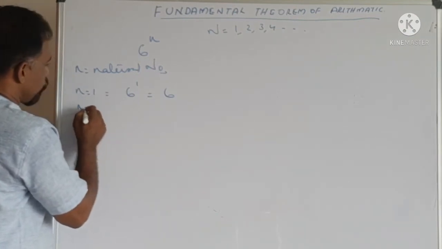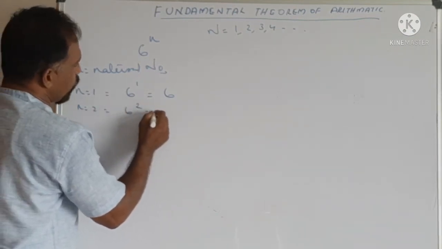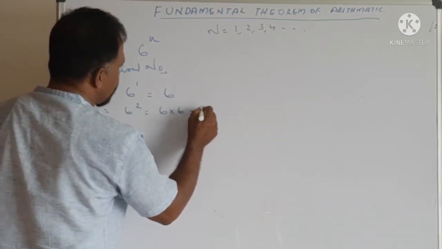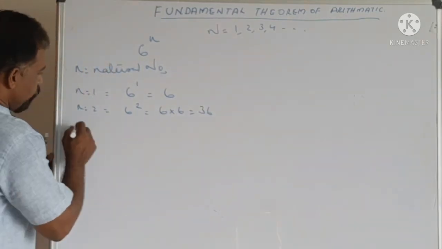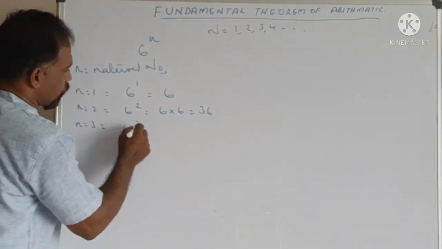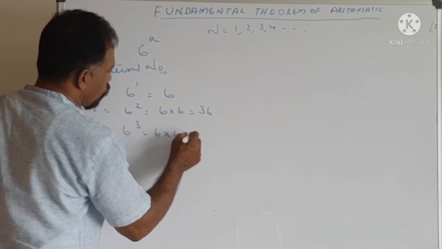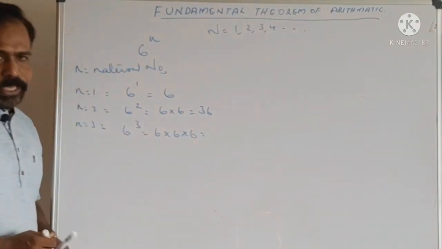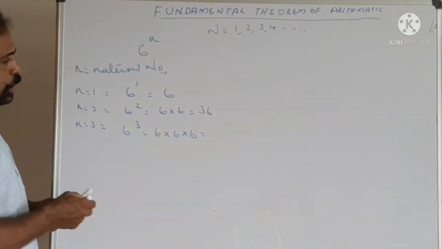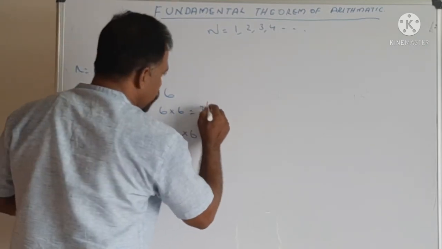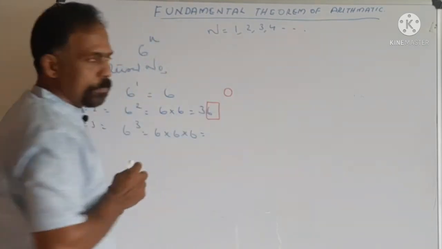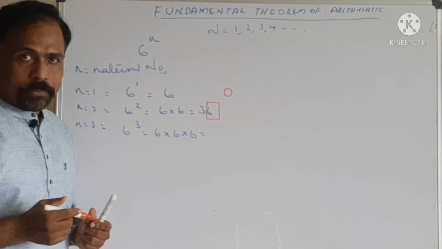Now, if n is equal to 2, 6 to the power 2, that is 6 into 6, that is 36. If n is equal to 3, 6 to the power 3, that is 6 into 6 into 6. Now, the question is, can this last digit end with 0 or not? This is what we have to prove.